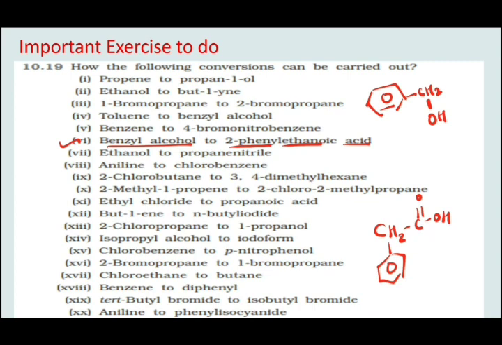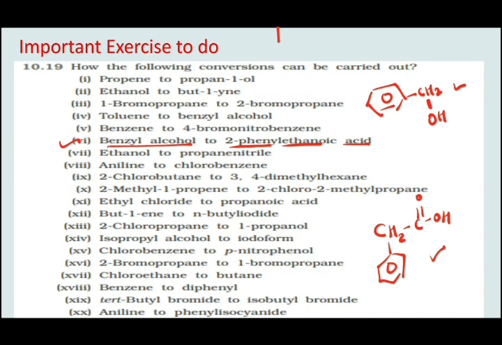Now see, we have to prepare this one from this one. How can we do? First of all, we have studied the method of preparation of halo compounds by using alcohols.